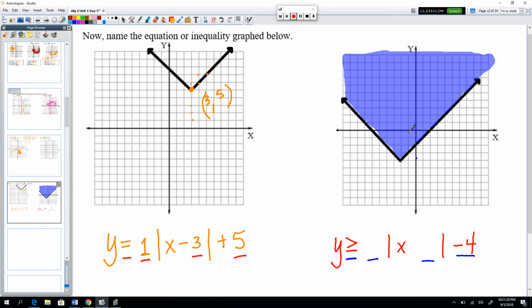It looks like I went left 1, 2. If I went left, this must be a positive 2. If it helps, you can remember that's x minus a minus 2. Remember, I highly encourage you to pull the vertex off and write it up here, right? So the vertex is negative 2, comma, negative 4.